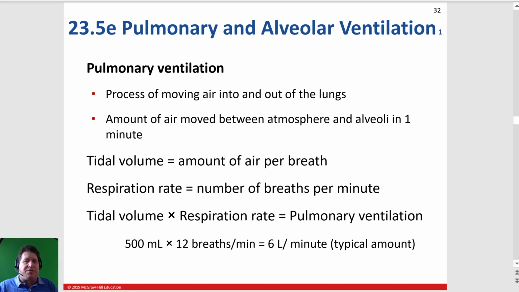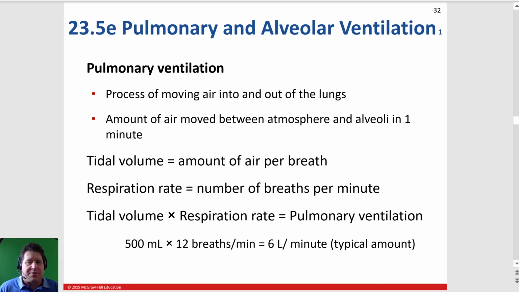And alveolar ventilation is that last bit where the air is going in and out of those tissues where the actual exchange takes place. This gets into all of those volumes and capacities that we talked about in lab. So check out everything from the lab and the video I made about that.